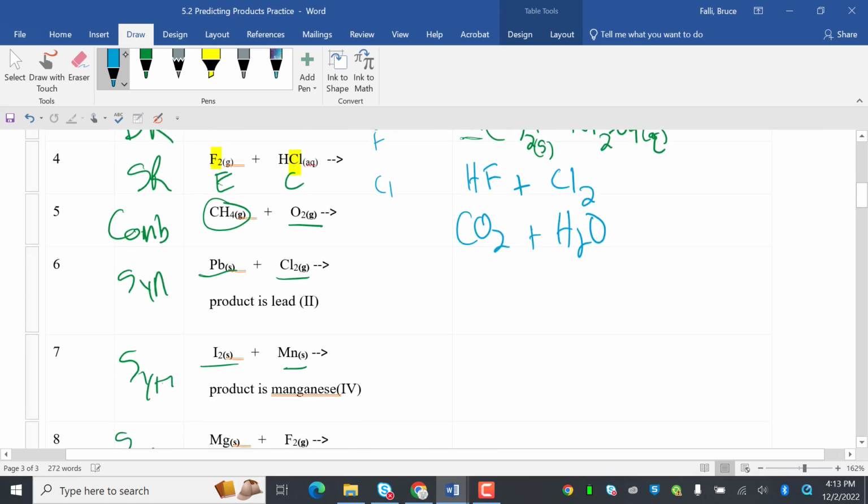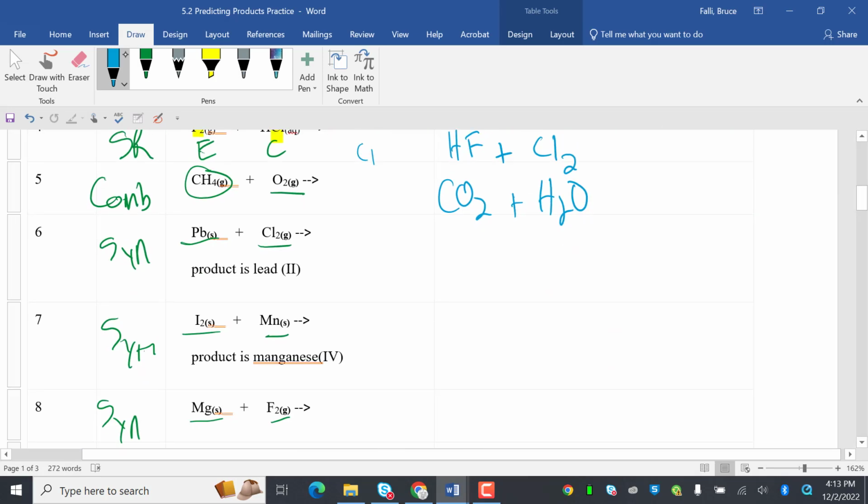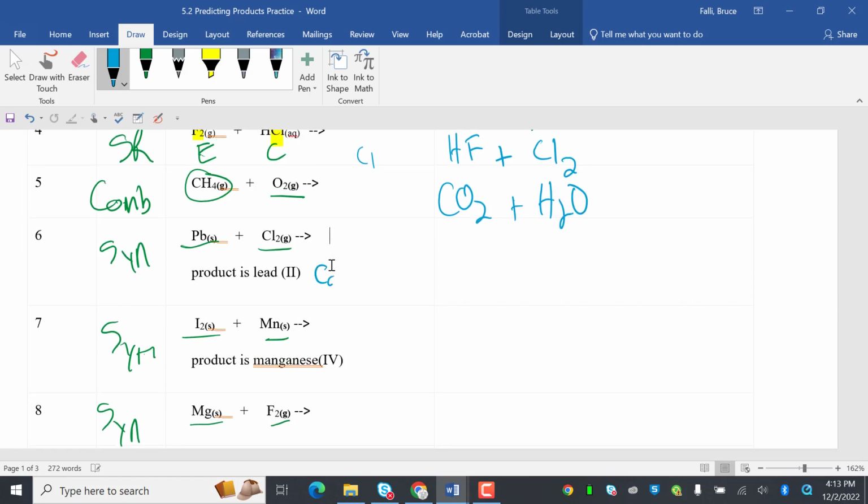Okay. So whatever this next one is, we'll look for all the synthesis ones. So all I do is combo and crisscross. Combo and check my charges. So it tells me lead is plus 2. So lead is going to be plus 2, and Cl is going to be minus 1. Notice I don't take the 2, because it's diatomic.